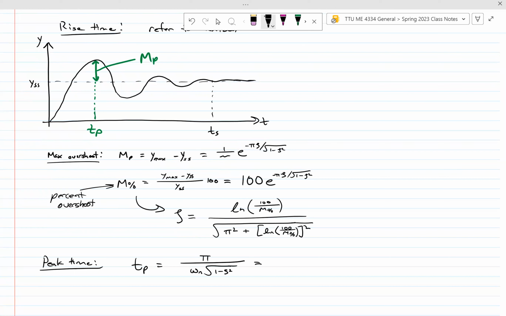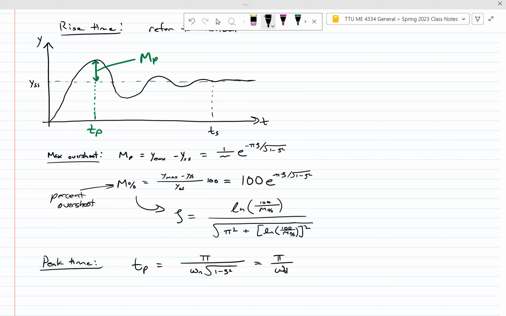But we already have that term from before. Peak time is pi over omega d. It's found by looking at that curve, figuring out where the peak and valley is, where the derivative is going to be 0 at those points, and then solving backwards to get time. So we can find the specific instance in time. It's related to essentially the oscillation of that cosine wave of when we're going to hit that peak.